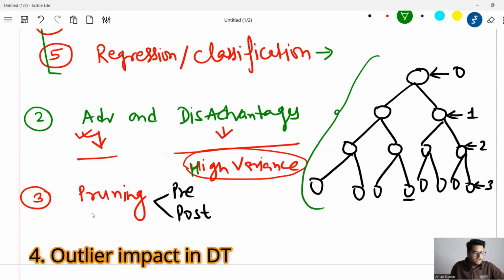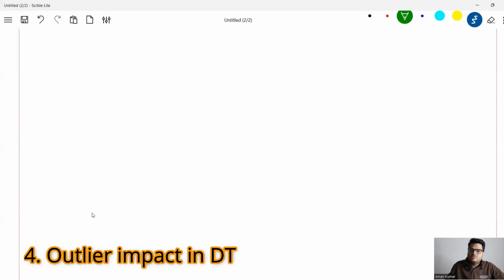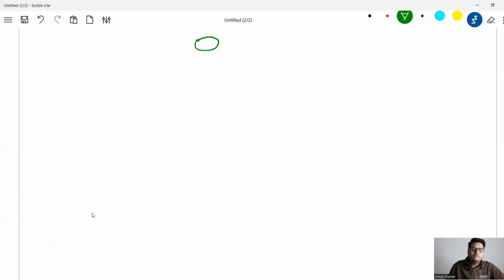Next question they will ask you is, what is the impact of outliers in a decision tree? Many people say there is no impact, but I will say there is a certain level of impact. Suppose you are solving a regression problem, and your target variable has some outliers, and that outlier comes in one of these branches.